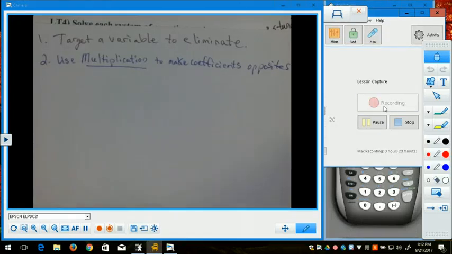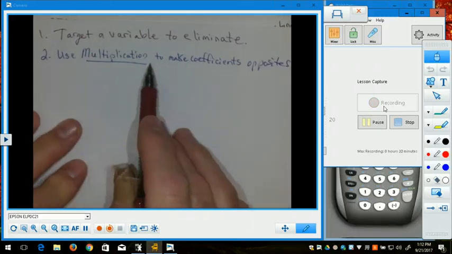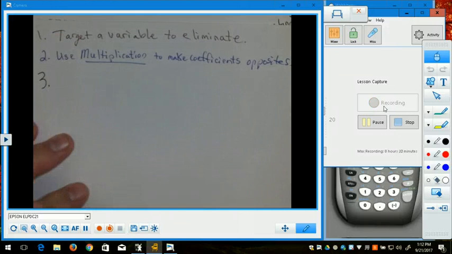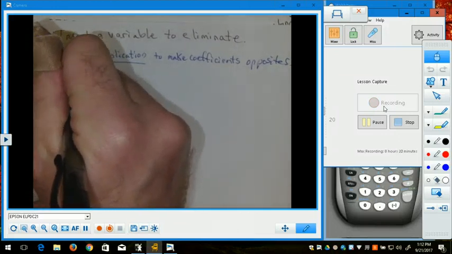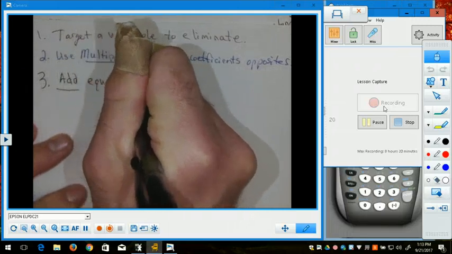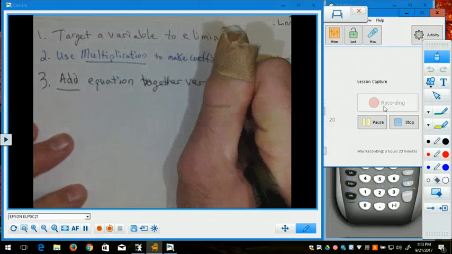So now that the school's music is done playing, target a variable to eliminate. Use multiplication to make coefficients opposites, which we just had to do for the first time in this case. Step number 3 is to add the equations vertically together.